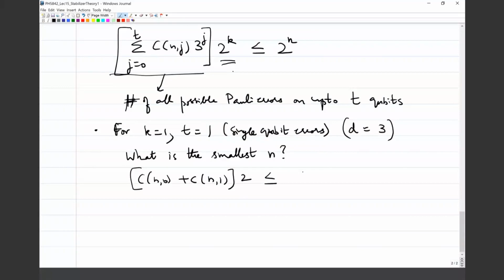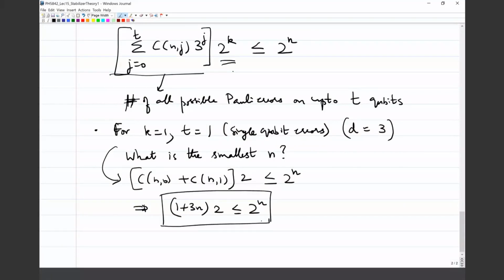Which in turn implies 1 plus 3n times 2 should be less than or equal to 2 to the n. So this is what the quantum Hamming bound looks like, right? For single qubit errors, if you restrict your attention to only single qubit errors and encoding a single qubit worth of information, right? So what is the smallest solution for this?